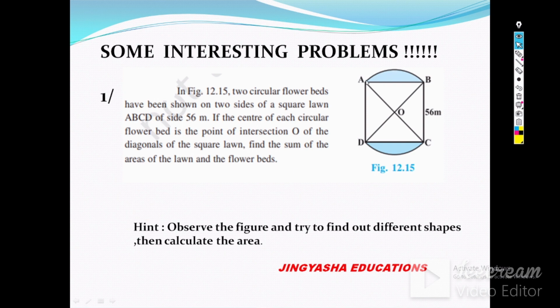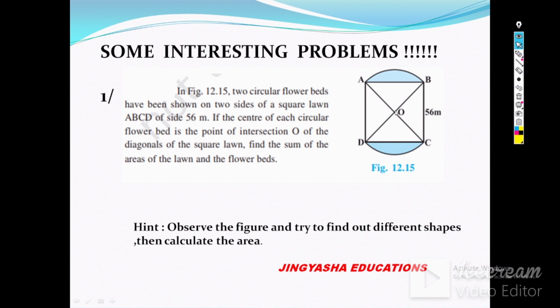So you can see that it is saying the center of each circular flower bed is the point of intersection, that is O, the center of this circular flower bed.